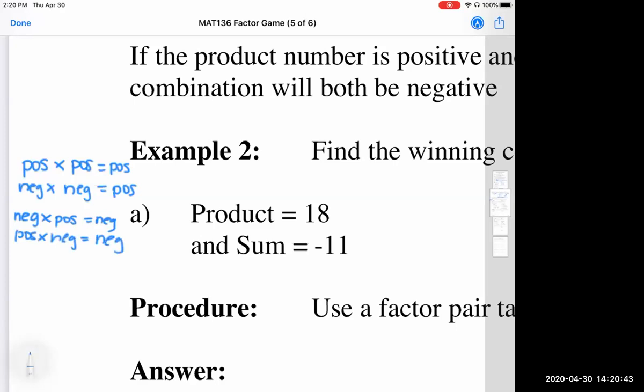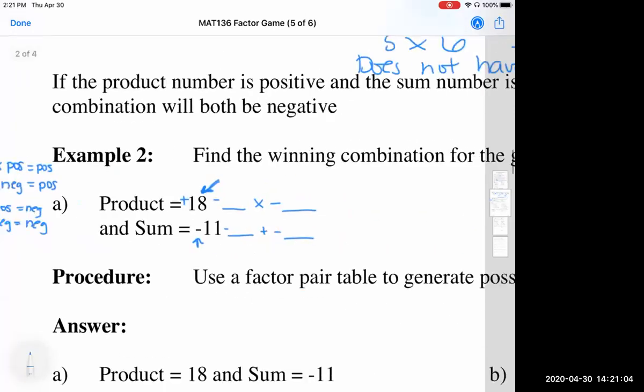So that's what it's saying. If your product is positive and your sum is negative, then your two numbers that you think of have to be negative in order to make your product positive, because we want this to be positive, and that's super important. So what two negative numbers can I think of to where when I multiply them, I get positive 18, but when I add them, I get negative 11?